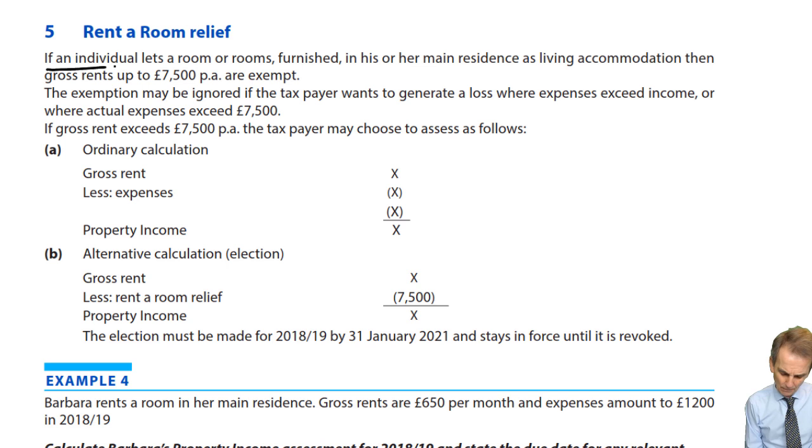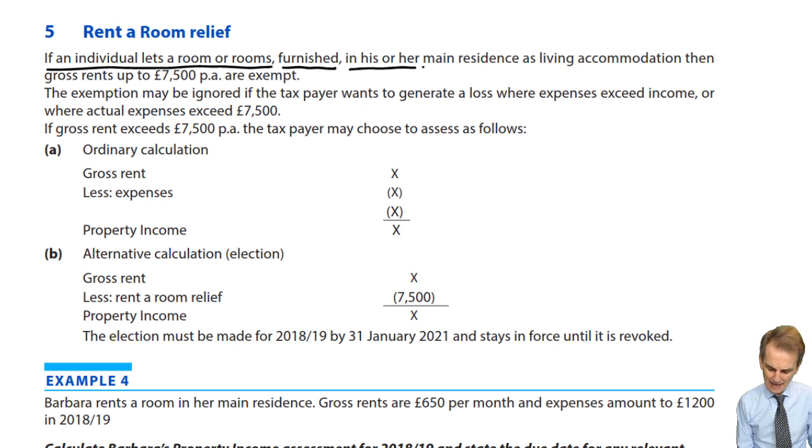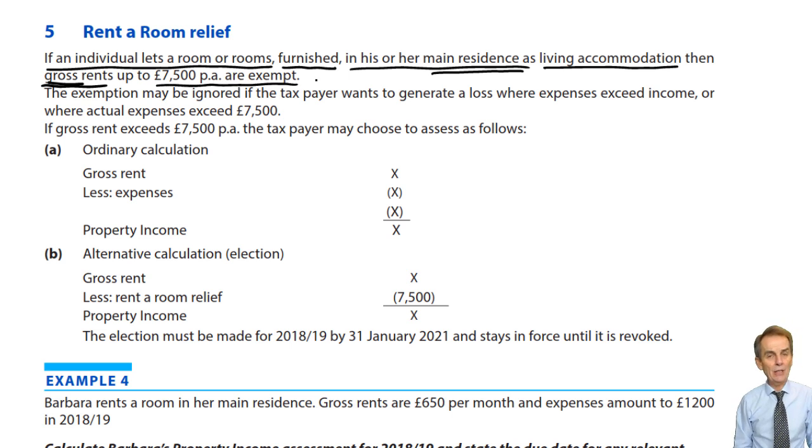So if an individual lets out a room or rooms, obviously furnished, in his or her main residence, again, of course, as living accommodation, then gross rents up to £7,500 per annum are exempt. And this exemption is known as rent-a-room relief. Now that's not bad, is it?